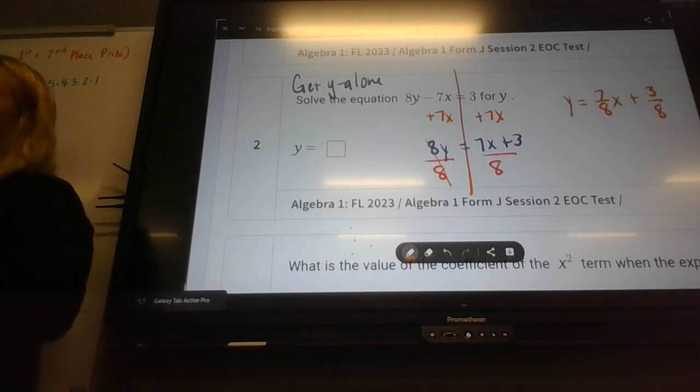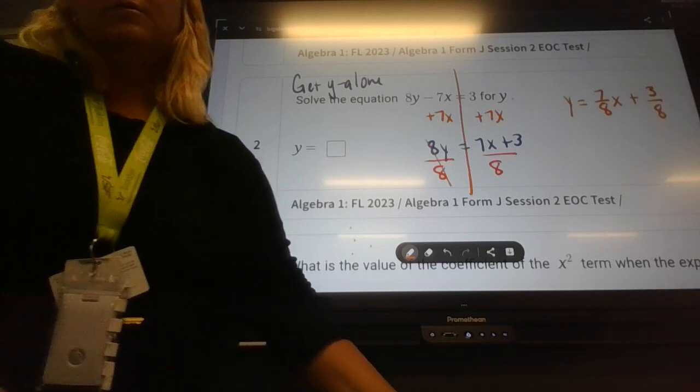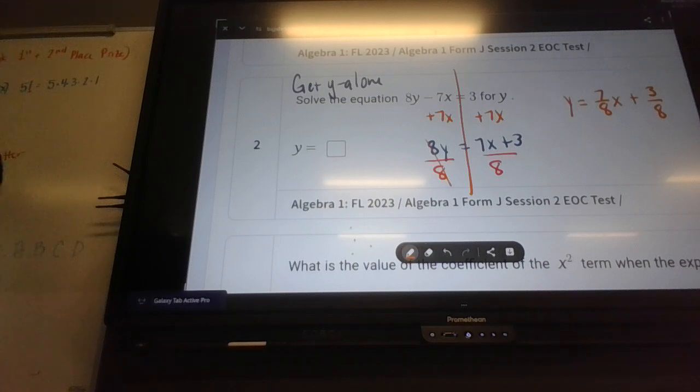Can you guys see the answers? Yeah. I can't, so I'm gonna look over yours and see what format they're in. That's number 2. That's good, David. Do we have to go back and write on number 1?